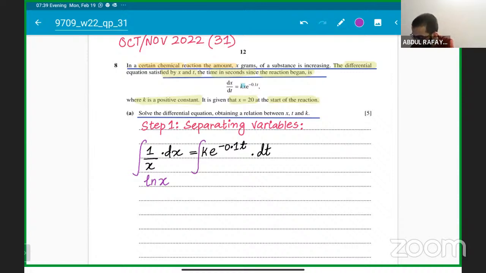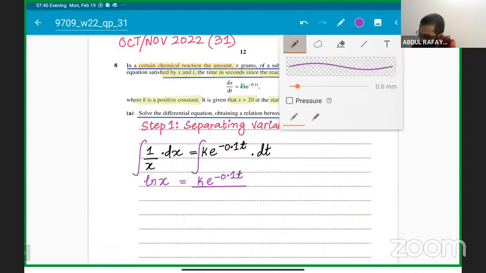Students need to understand that an exponential remains as it is. So it should be very crystal clear here that for k times e power negative 0.1 times t, the integration of e power negative 0.1t will remain the same. It's just that you will have to differentiate the power.